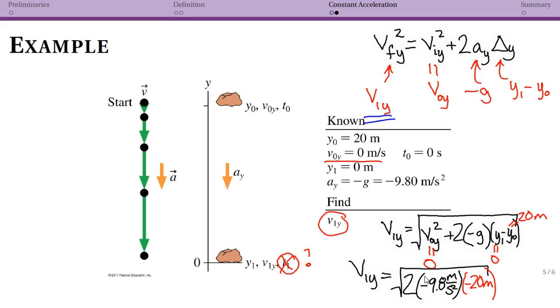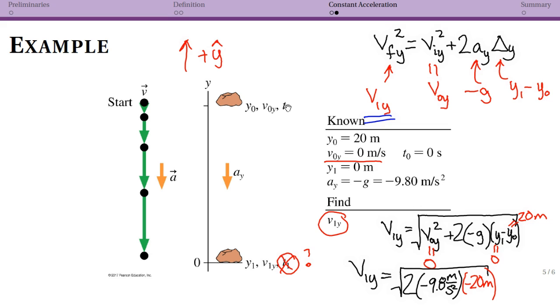So please be careful, especially in this case, because if you have a sign mistake, it will show up here. You have a minus sign from your acceleration and a minus sign from your change in position, because your change in y was going down. And remember, we say that our positive y direction is up.